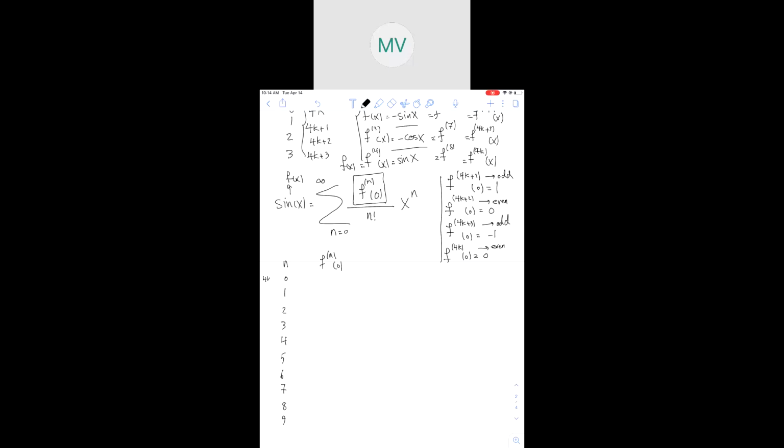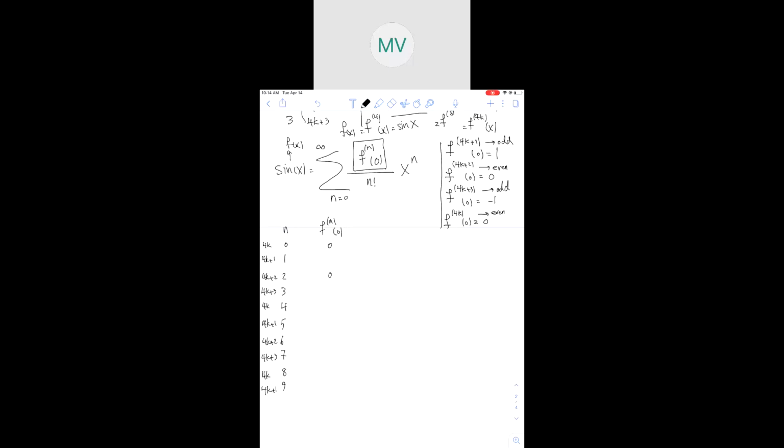Remember, this is 4k, 4k plus 1, 4k plus 2, 4k plus 3, then it becomes 4k, 4k plus 1 again, 4k plus 2, 4k plus 3, 4k again, 4k plus 1. So the even ones are all 0. The odd ones, the first one is 1, the third one is negative 1. 1, negative 1, 1. So for example, the 10th one is 0, but the 11th one is negative 1.